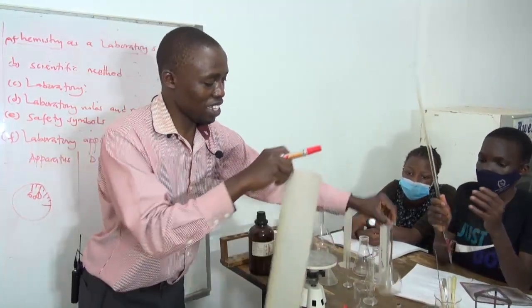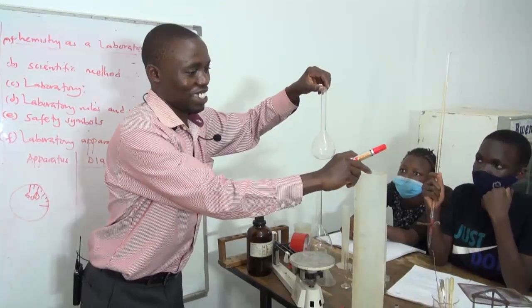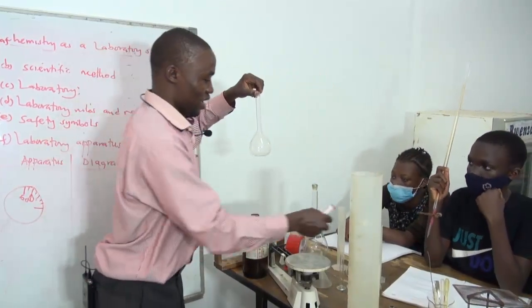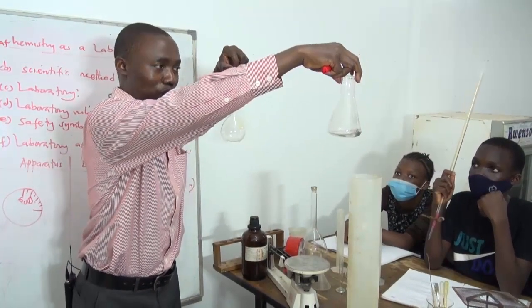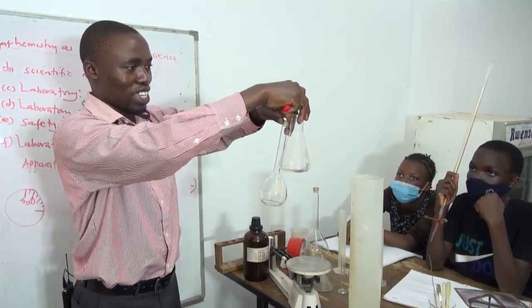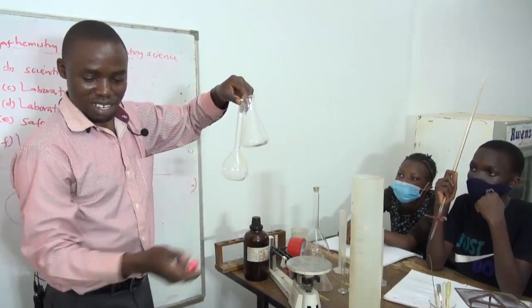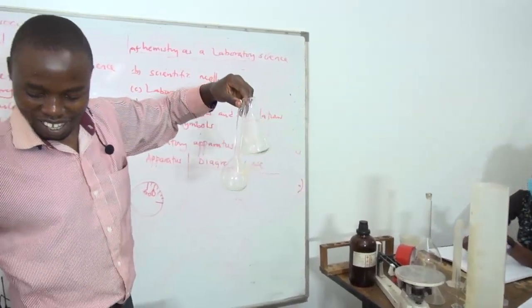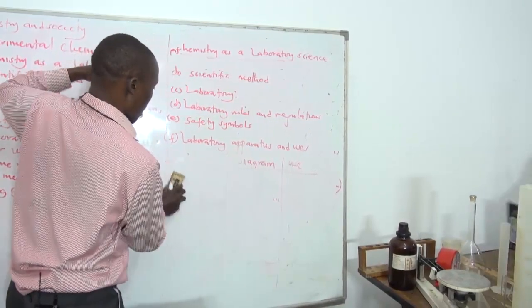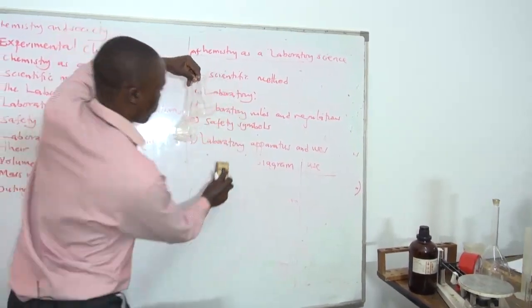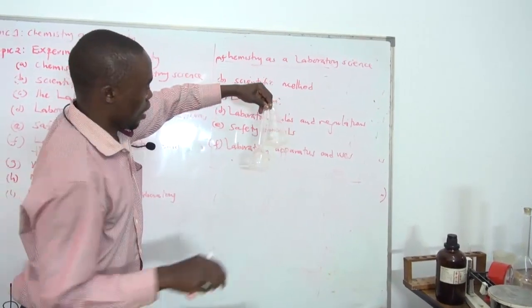Now, unfortunately, let us also have this. This is called a conical flask. Look here. I want you to really listen here very much. Now, look here.